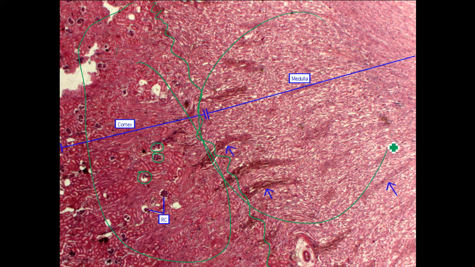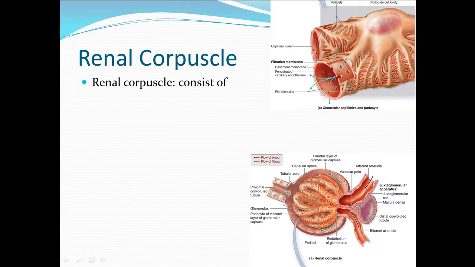This is the renal medulla on the right hand side. So when we look at the corpuscles, once again, the corpuscles consist of two parts, right? One is the glomerulus itself, right? The capillary bed. And number two, it's the renal capsule, okay?